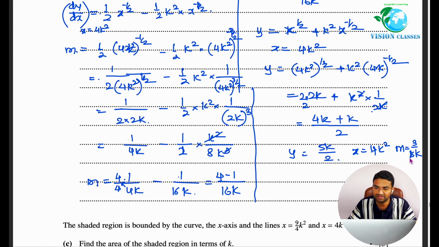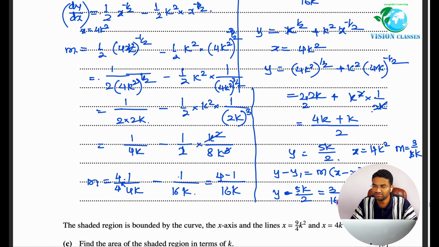Using y minus y1 is equal to m times x minus x1, and simplifying, we put y minus 5k upon 2 is equal to m, which is 3 upon 16k, in a bracket x minus 4k square, right?